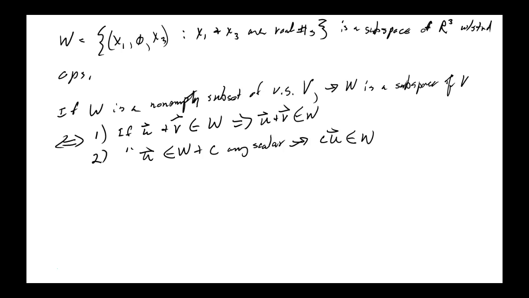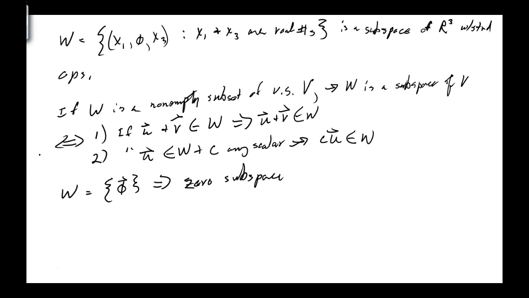In fact, the simplest subspace of a vector space V is one consisting of only the zero vector. So if W, the subspace of any old vector space, happens to be just the zero vector, this is called the zero subspace.